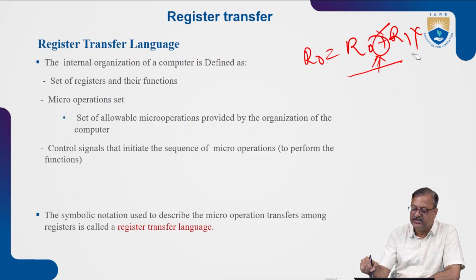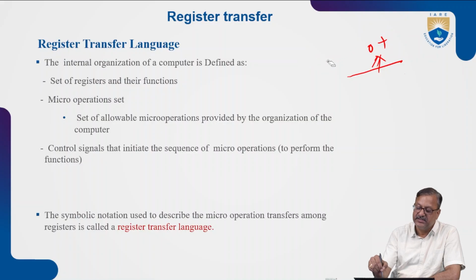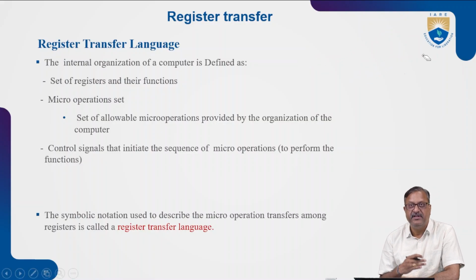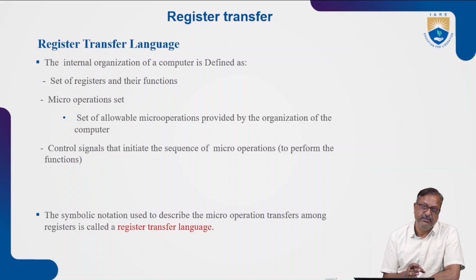These control signals are present in the control unit, and are generated when and where required to perform on the data stored in the registers, taken into the ALU, the arithmetic logic unit, as a function. After performing that operation, the result is taken back and stored in the resultant register.